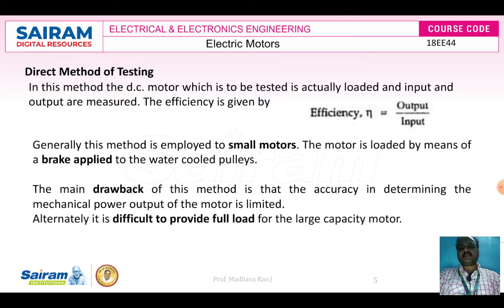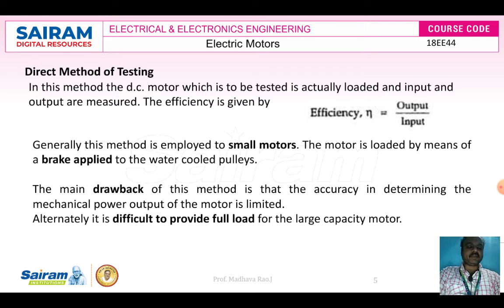In the direct method of testing, the DC motor which is to be tested is actually loaded and the input and output are measured. The efficiency, as we have already seen, is the ratio of output power to input power.